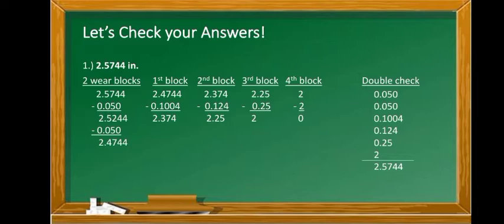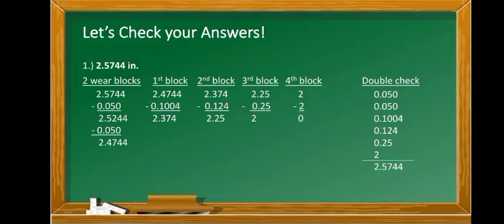So, now, we are going to eliminate the fourth decimal place. So, our selected block will be 0.1004. So, 2.4744 minus 0.1004 is equals to 2.374. Then, 2.374 minus our second selected block, which is 0.124, is equals to 2.25.